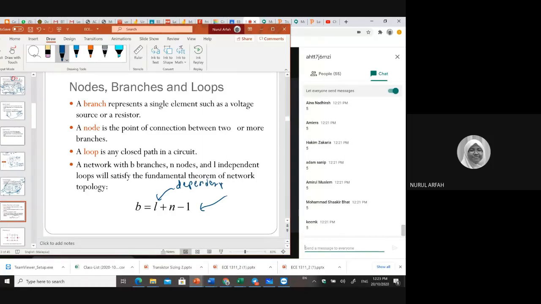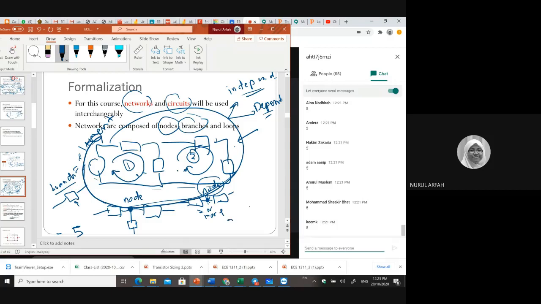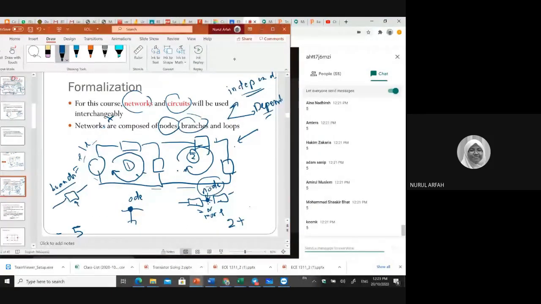Okay, dependent loops. So this one is already defined, and let's confirm with the equation. A branch is equal to loops plus nodes minus 1. So since we have 2 loops, 2, and then how many nodes do we have here? Can you count? Sorry, so many things. How many nodes?